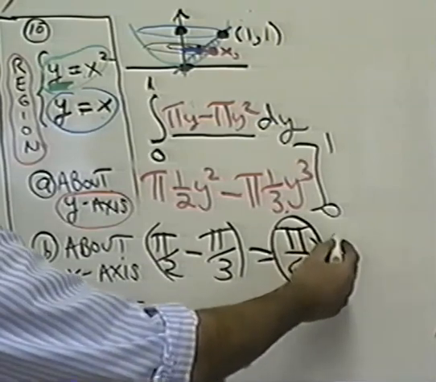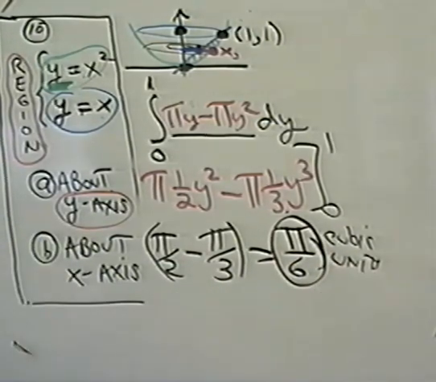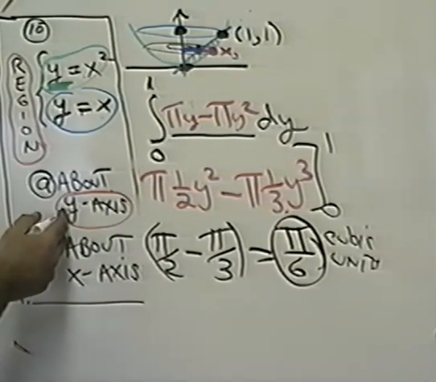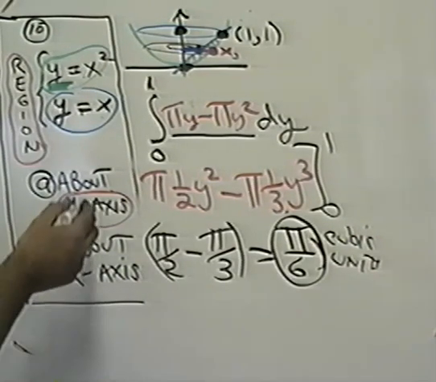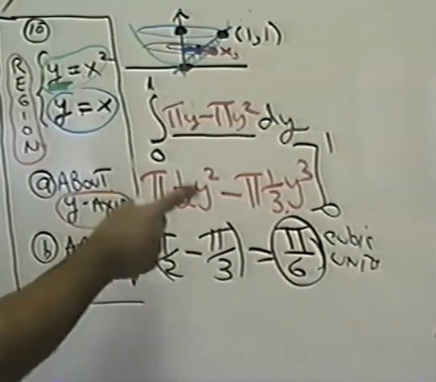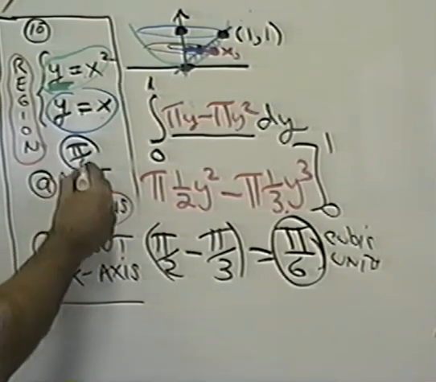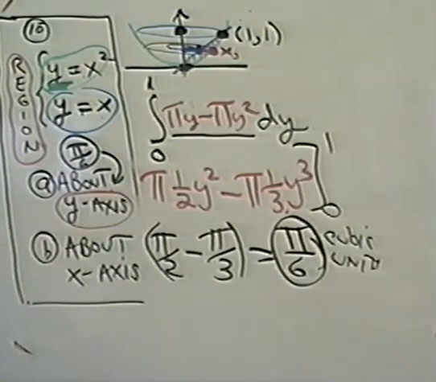That'll be cubic units. Now I'm going to write that over here by the rotation around the y-axis, because it's going to be interesting, because when we rotate around the x-axis, we're not going to get the same volume. Pi over 6.